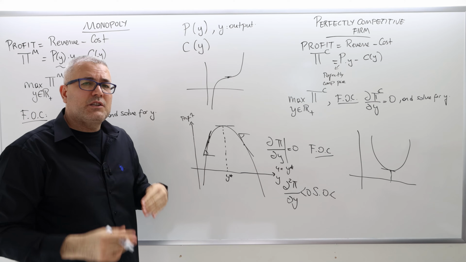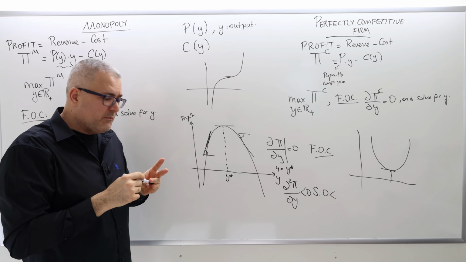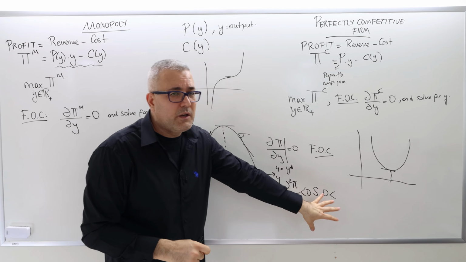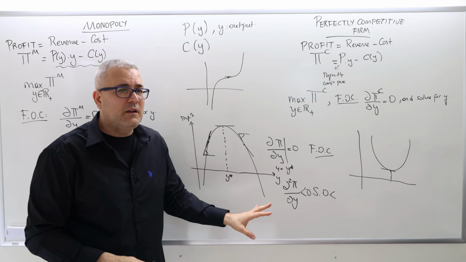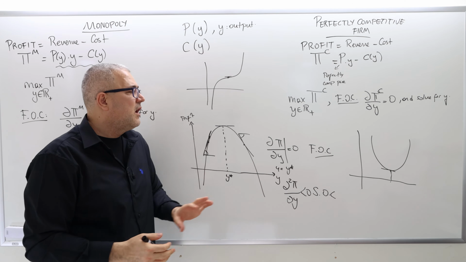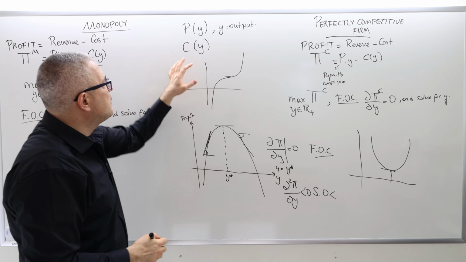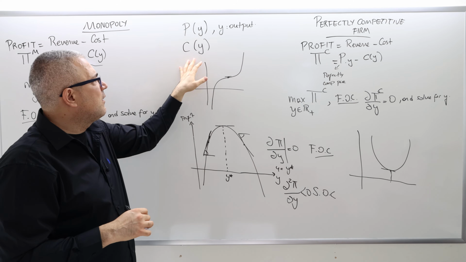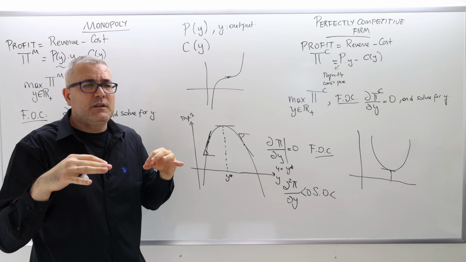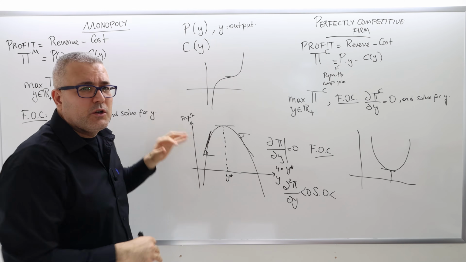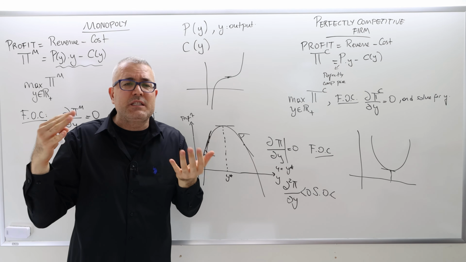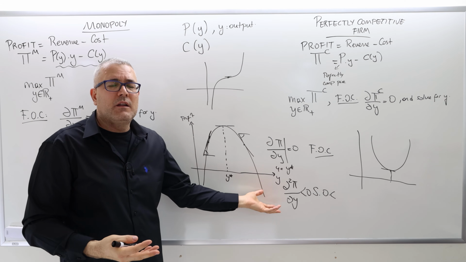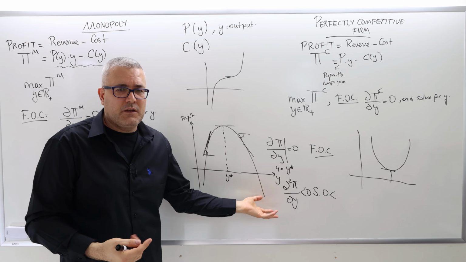So the second order condition matters, but in my class, at least in this course, you don't really have to worry about the second order conditions, all right, unless otherwise stated, mostly because I'm going to assume either linear or convex cost function and linear demand curve so that the profit function is going to become concave, so you don't have to worry about the verification of the second order condition.